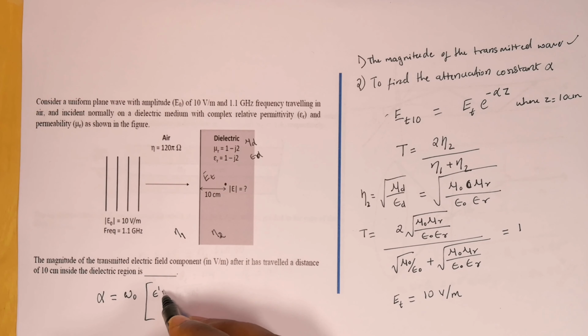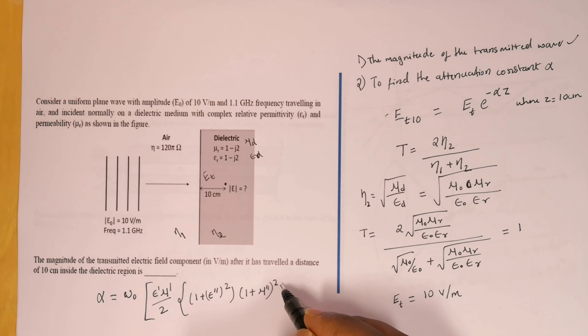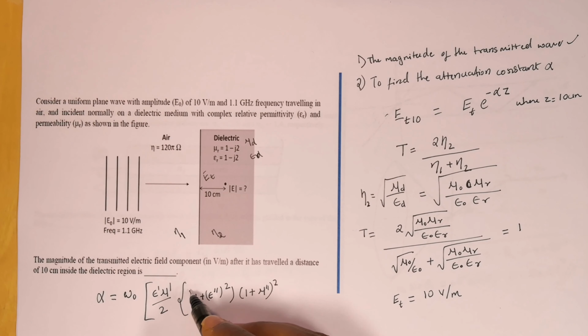So epsilon dash mu dash divided by 2, and you have 1 plus epsilon double dash square, and you close it again, and 1 plus mu double dash square, and you close it again.